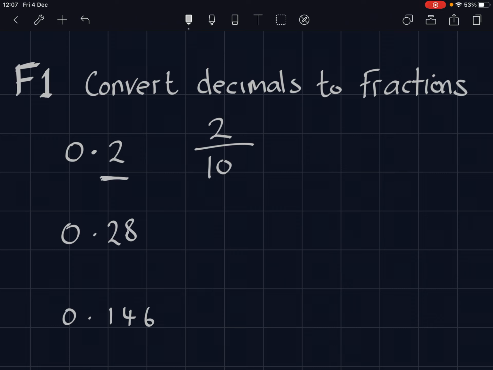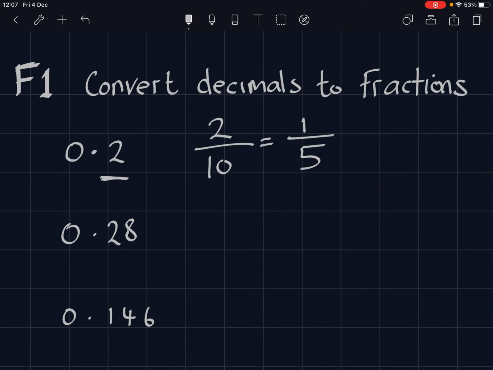So 2 divided by 2 is 1 and 10 divided by 2 is 5. So this fraction is 1/5, and that makes sense because 5 20p's make up a full pound.